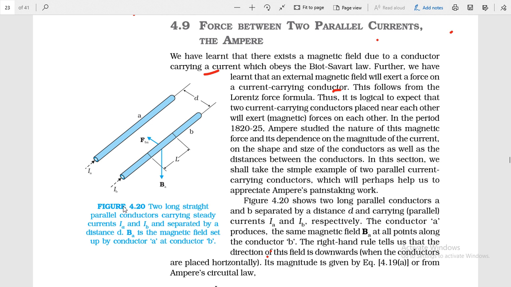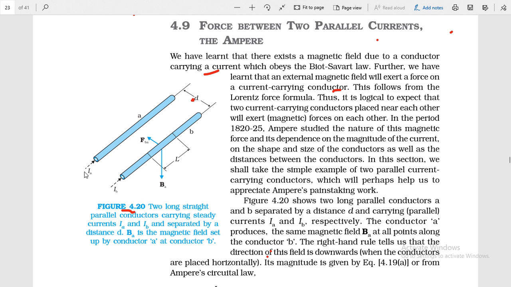So in this picture, figure 4.20, you can see two current carrying conductors placed parallel to each other at some distance d. It means the separation between these two parallel conductors is small d, and these conductors are named a and b.